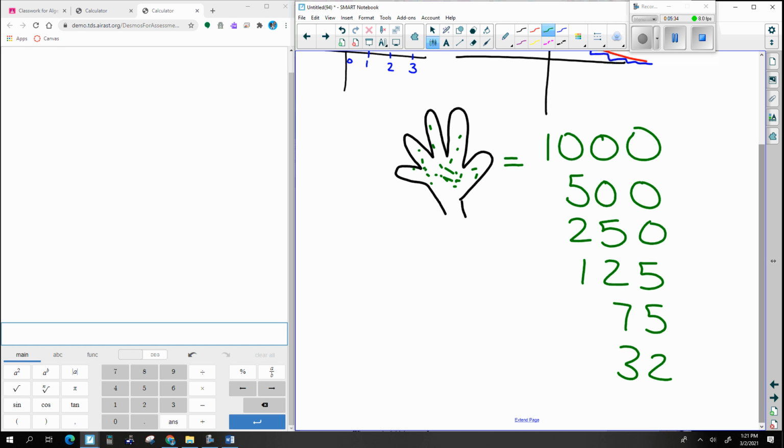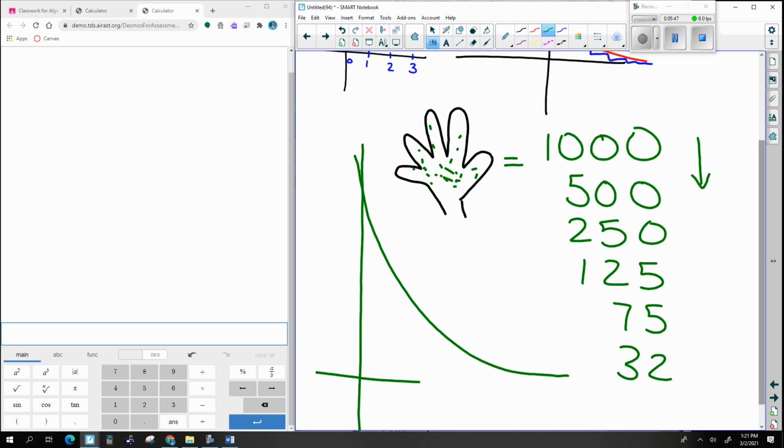At first, the number of bacteria are going down a large amount. You're killing bacteria like it's a job, but eventually, is all of the bacteria going to actually be gone from your hand? No, all the bacteria is not going to be gone.